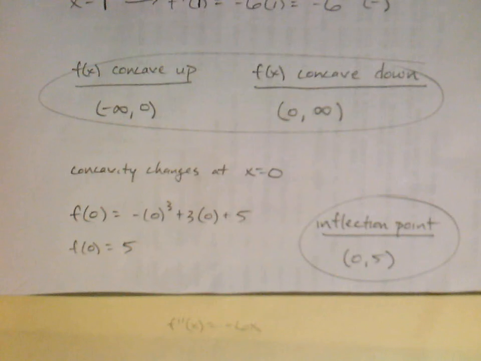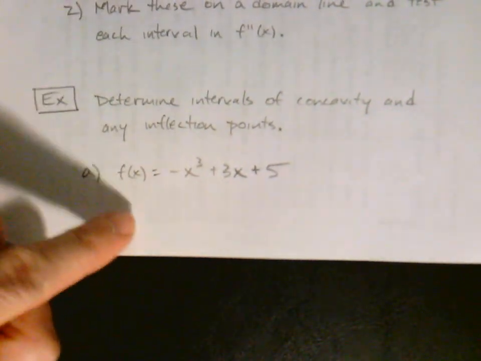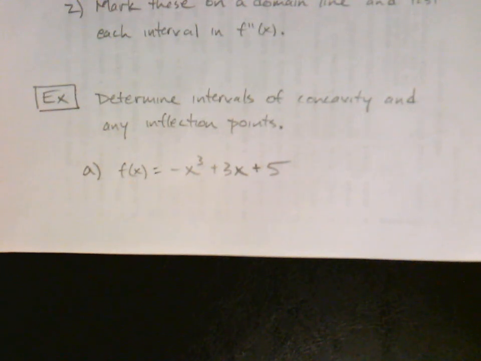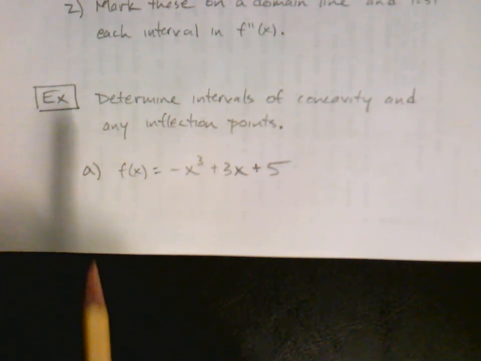If we were in class, what I would do at this point is go back and graph that original function on Desmos. You might type in y equals negative x to the third plus 3x plus 5, and just take a look at it and see if it really is concave up from negative infinity to 0, and then it'll have an inflection, go concave down from 0 to infinity, and right there in the middle, at the point (0, 5), it's got the inflection.